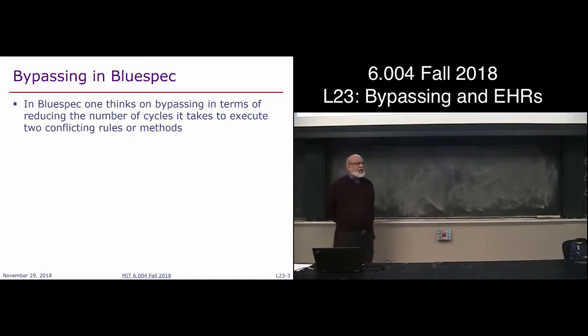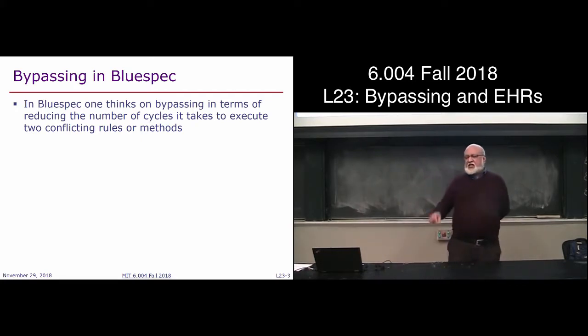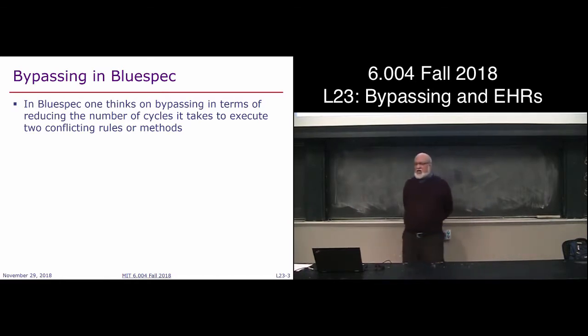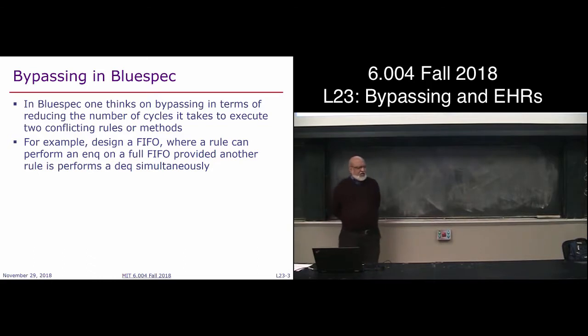Now when it comes to bypassing in Bluespec, you're not going to find yourself connecting this point to that point combinationally. It doesn't work like that, right? So there's a different, higher level view of bypassing. You think of it in terms of reducing the number of cycles it takes to execute two conflicting rules or methods. Okay, so let me illustrate, or let me ask you questions.